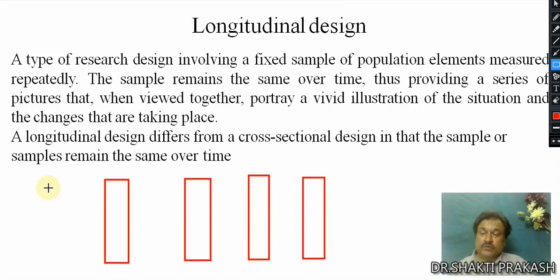Suppose here respondent number 1, respondent number 2, respondent number 3, suppose 1 to 50 respondents are there. Then what will happen here?